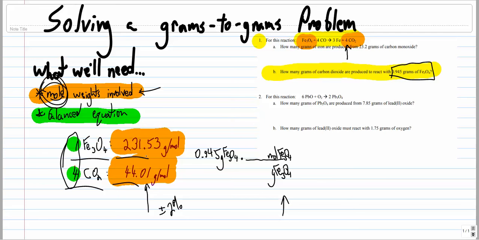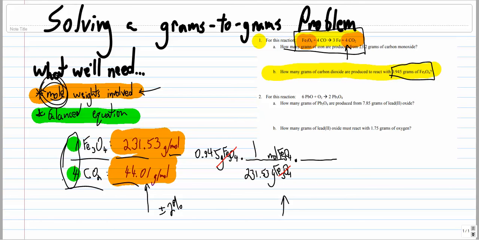So let's see here. My Fe3O4, 1 mole is 231.53 grams. So by doing this, that cancels out my grams of the Fe3O4. If I stop now, I'm in moles of Fe3O4. So now I need to convert from one chemical to another, and that's what the balanced equation does for us.